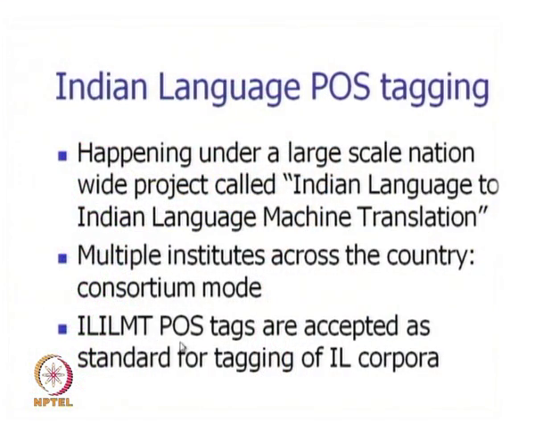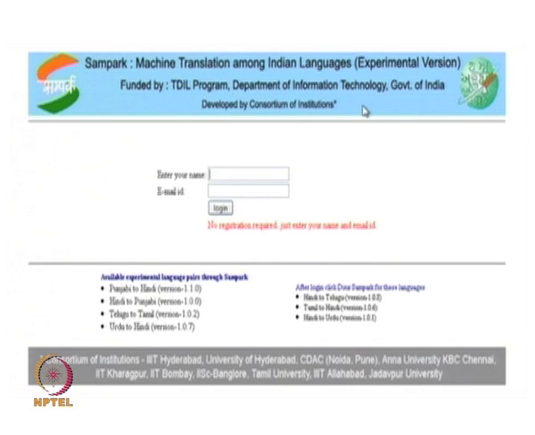Okay. So, these considerations went into the part of speech tag design, which came from the ILILMT PoS tag designing task. So, this task was to create a part of speech tag set for the purpose of machine translation from one Indian language to another, and this is the website of Sampark, the machine translation system amongst Indian languages.